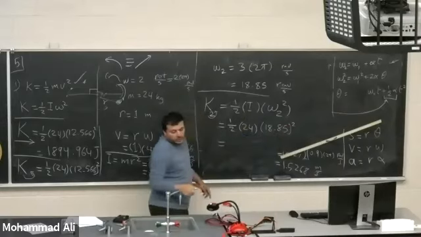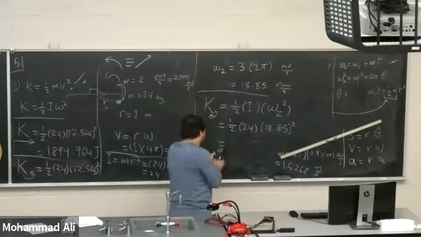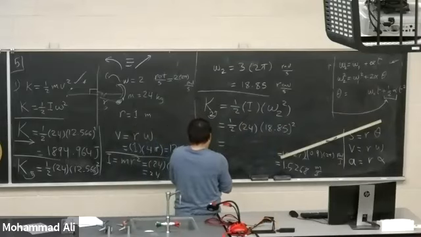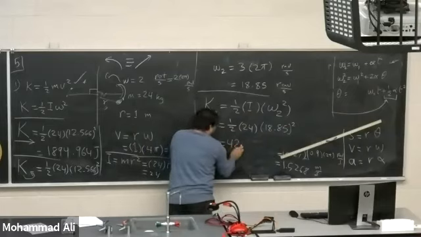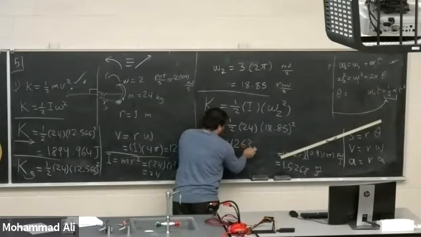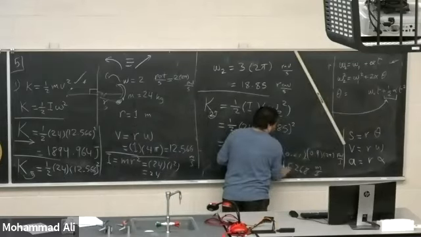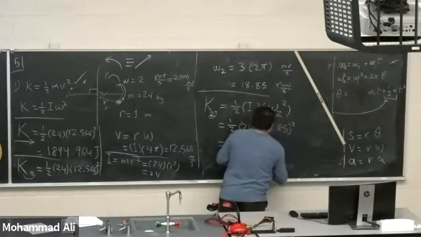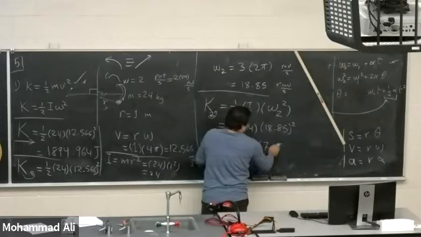This will be equal to a different kinetic energy, because now we have a different speed. It is almost 4,263.67 joules.